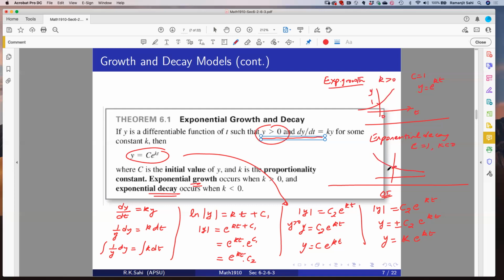That's exponential decay. Suppose we take k to be -1, so y equals e to the power negative t. The big picture is when it is exponential growth, you have a curve which goes up. And when you have exponential decay, you have an exponential curve which goes down. So on both sides, it's an exponential curve.